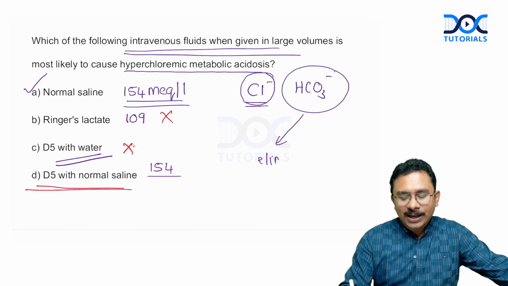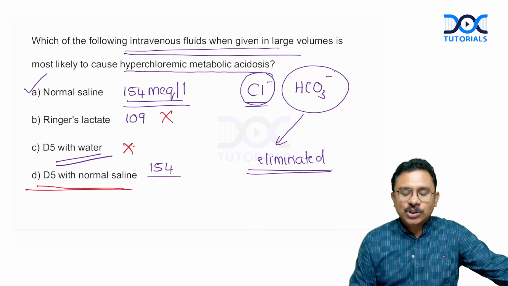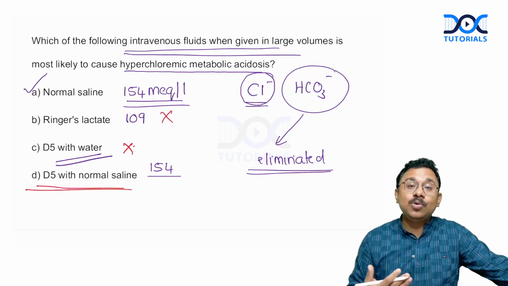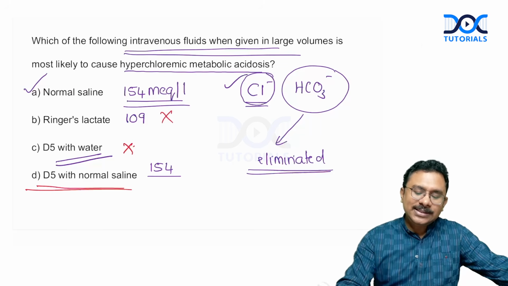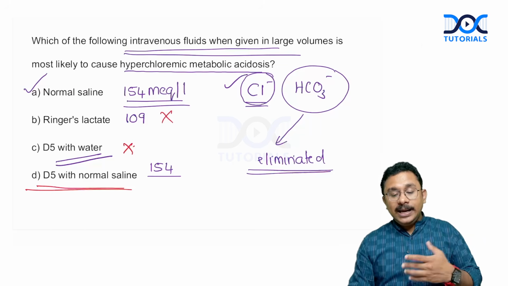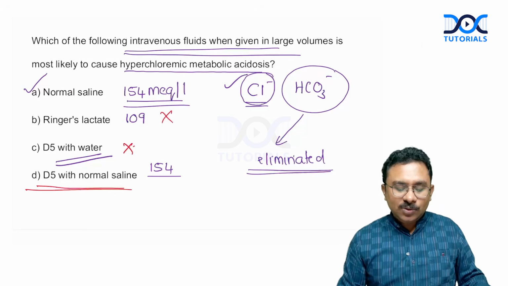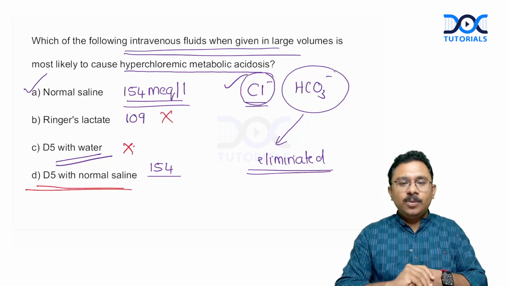To maintain electroneutrality, when you give excess chloride, not only will some chloride go, but some bicarbonate also will be eliminated. That can predispose to acidosis. So excess chloride and bicarbonate elimination would result in a hyperchloremic metabolic acidosis. That is why option A is going to be the answer for this particular question.